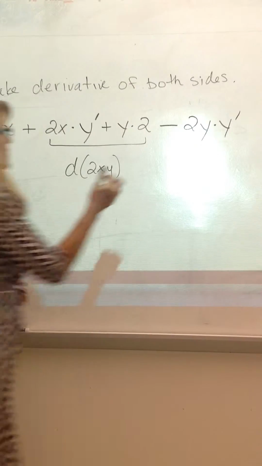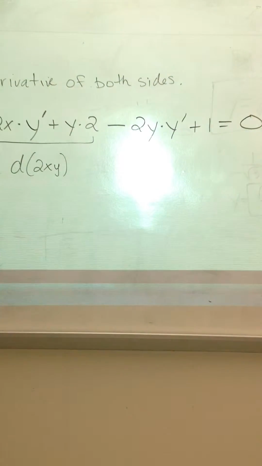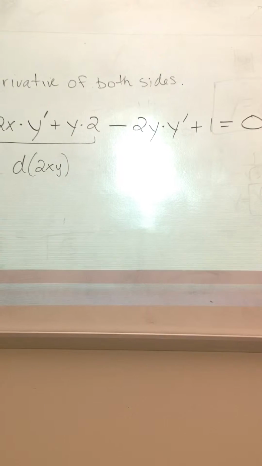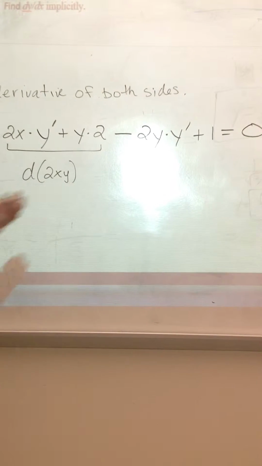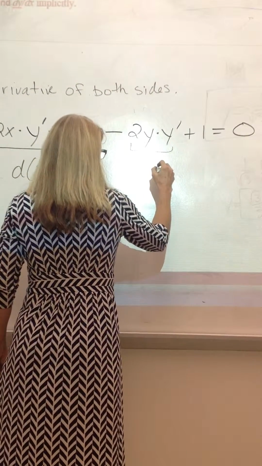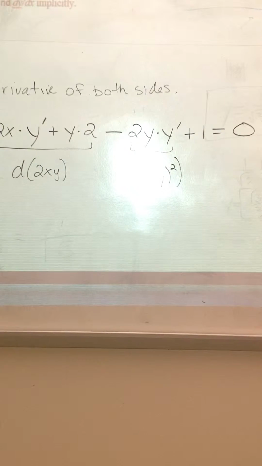And then the derivative of x will be 1, and the derivative of 2 will be 0. Again, this right here is the derivative of y squared, and I purposely wrote it with parentheses like that to emphasize the square was the outside function, the y was the inside function.